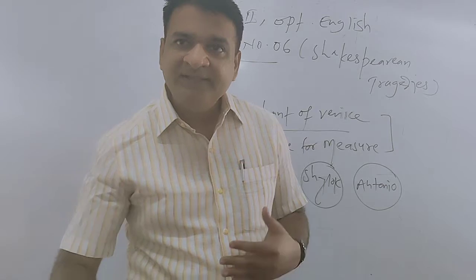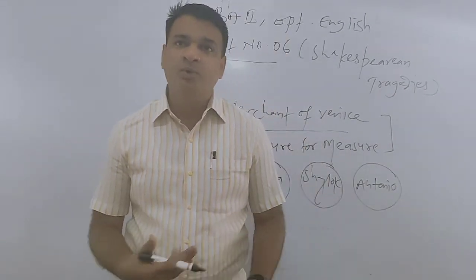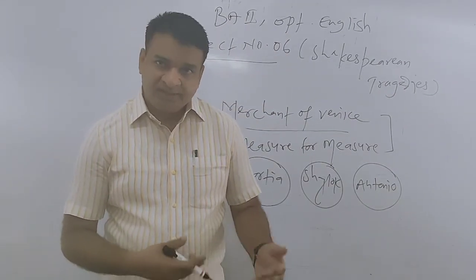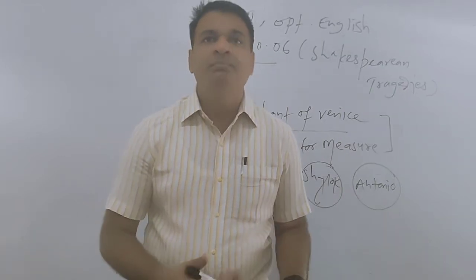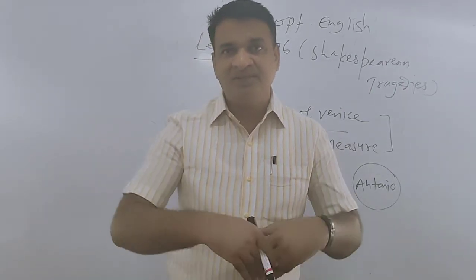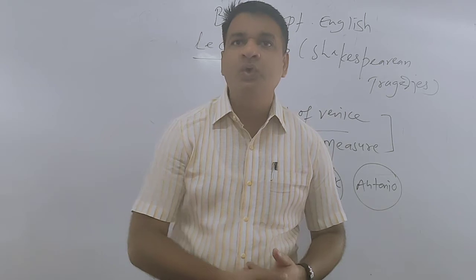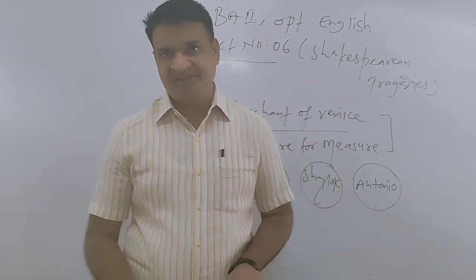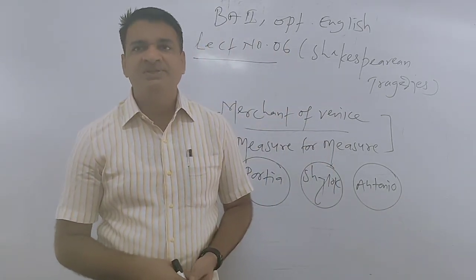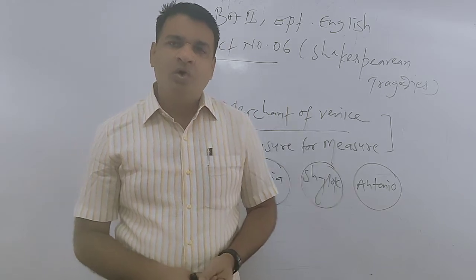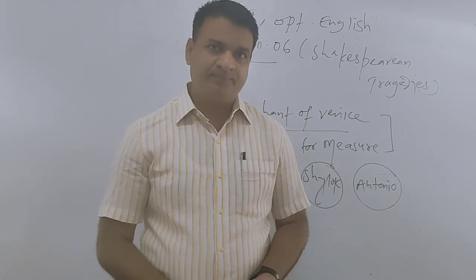Shylock was finding the opportunity to take revenge upon his opponent, his rival, the moneylender, because his business was money lending but on no-interest basis, and so the business of Shylock was in loss.